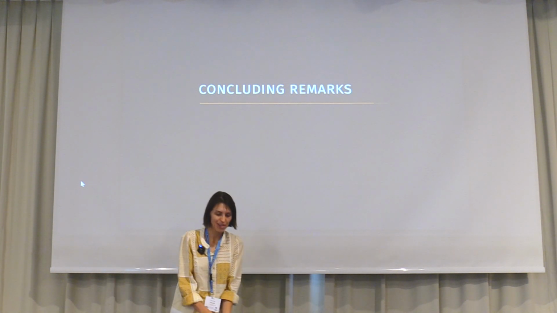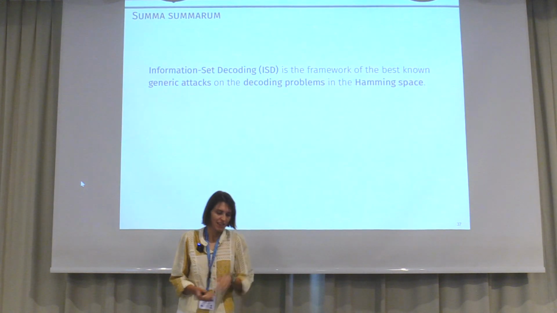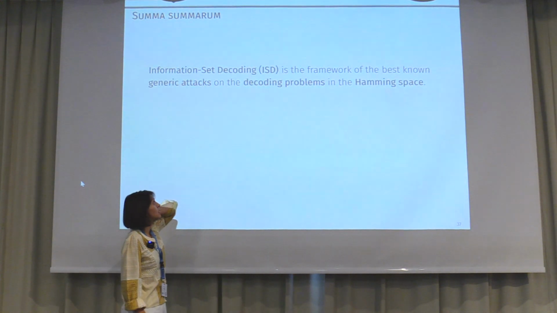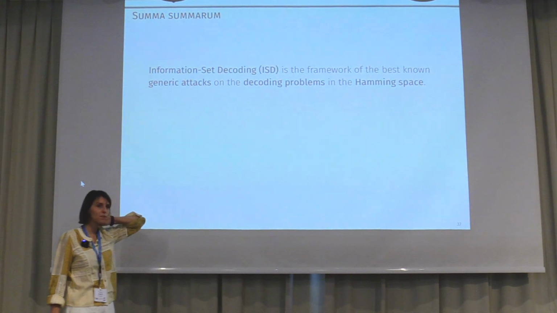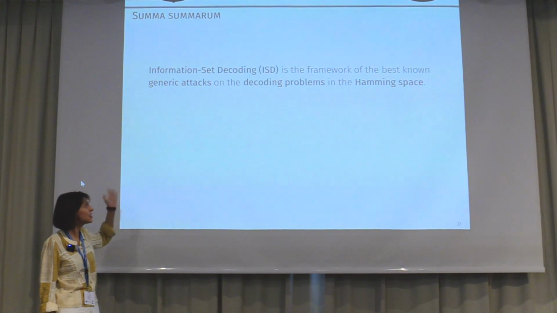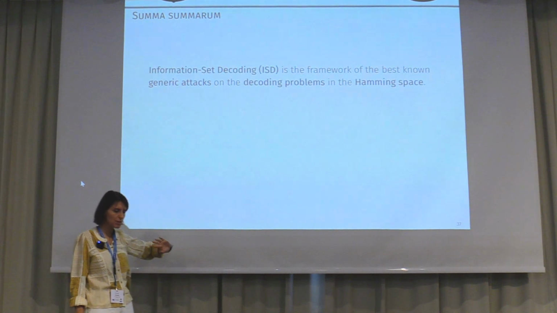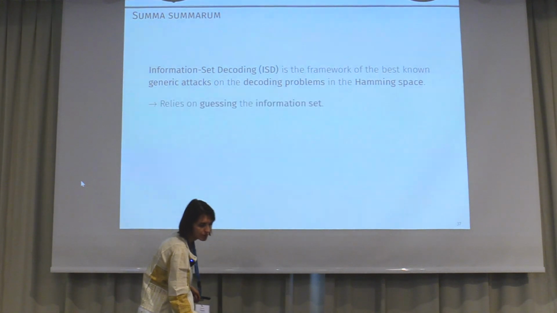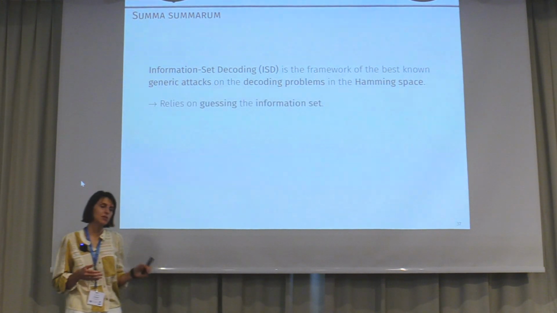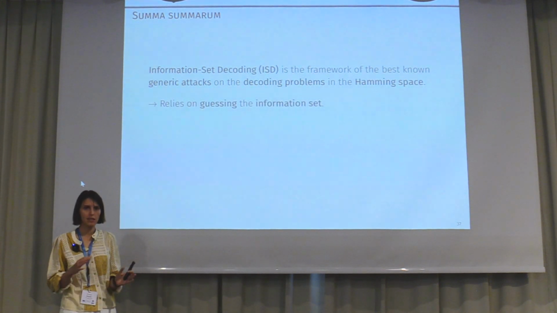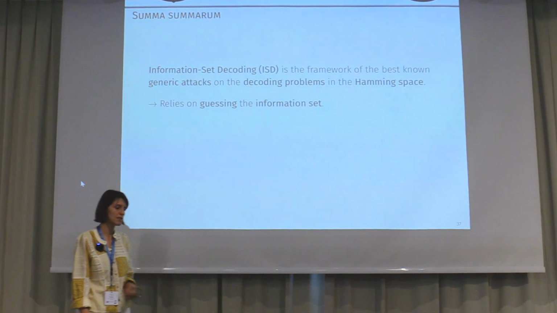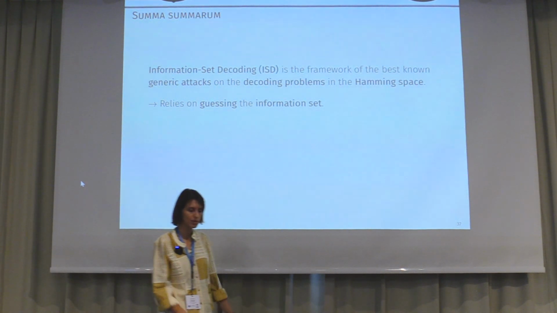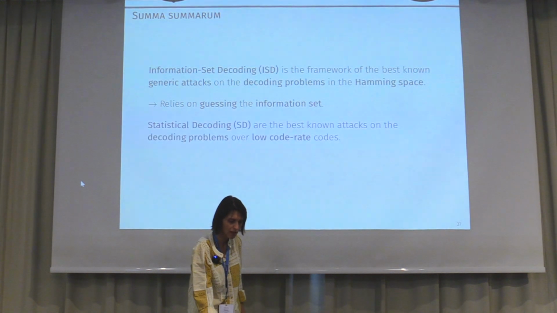So some concluding remarks. Today we talked about the information set decoding framework, which is the best generic attack against the decoding problem in the Hamming space. It relies on the guessing of the information set and then using some more advanced techniques to solve the rest of the problem that remains after the guessing part.